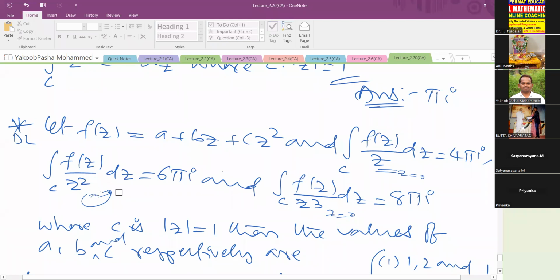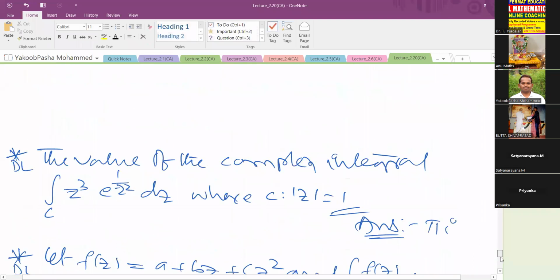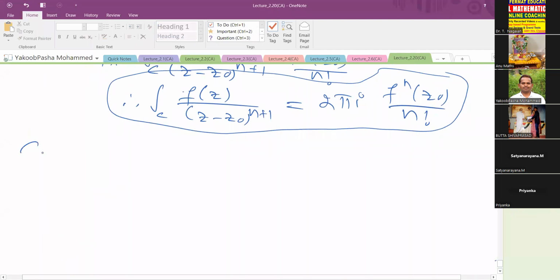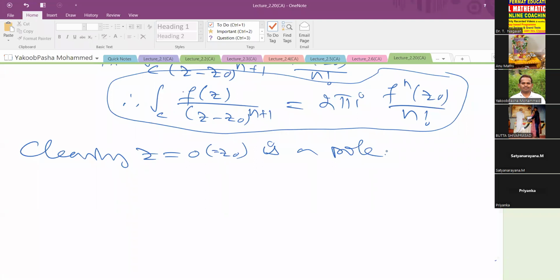Comparing these by residues takes time, so we can use the Cauchy integral formula. Clearly z naught is 0, and it is a pole of order 1, 2, or 3.